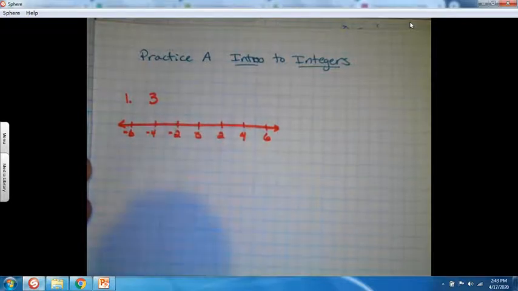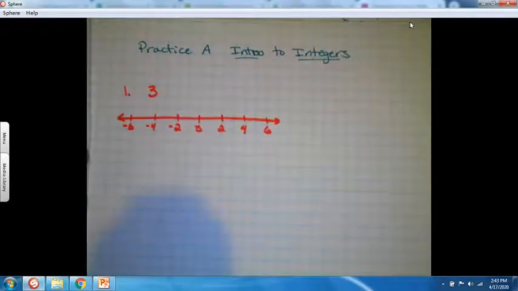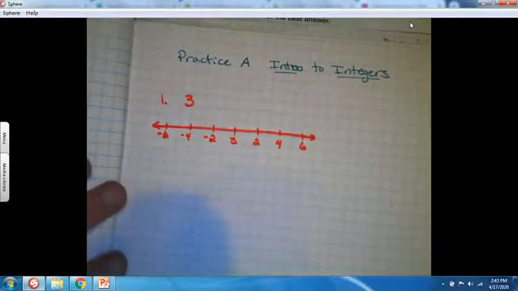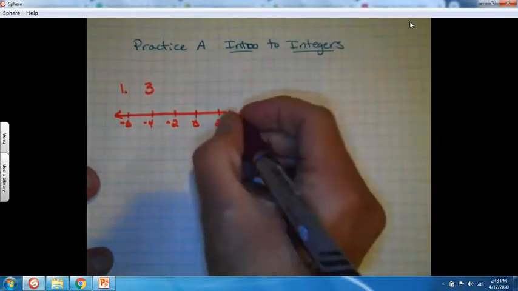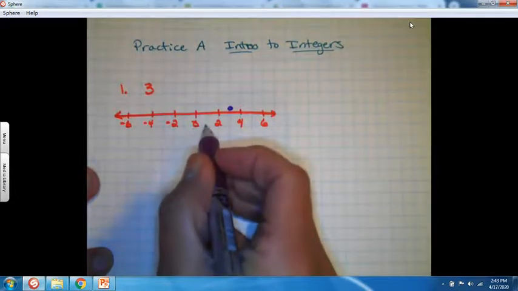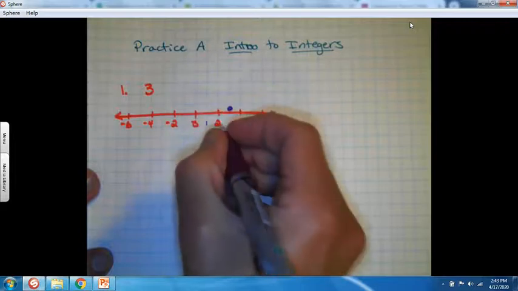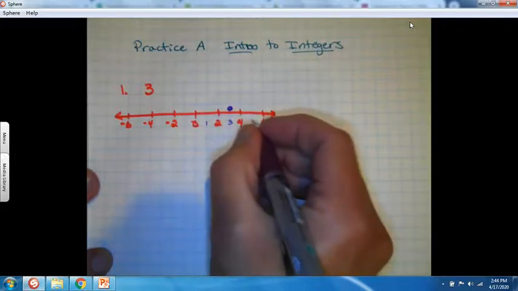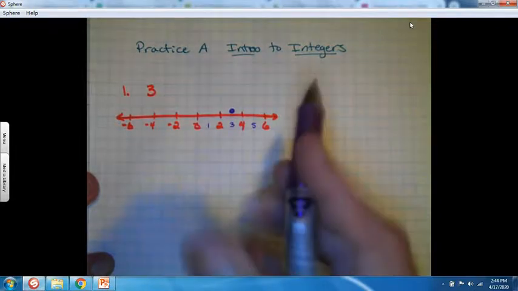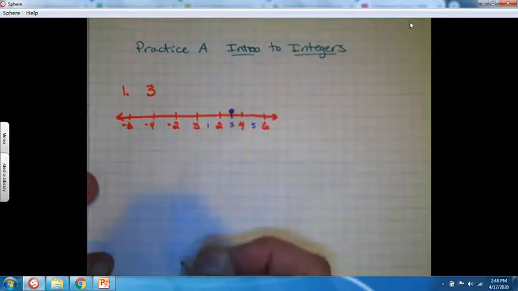The integer that we're graphing is 3. So here's our 3 right here, because it's 1, 2, 3, 4, 5. So there it is.